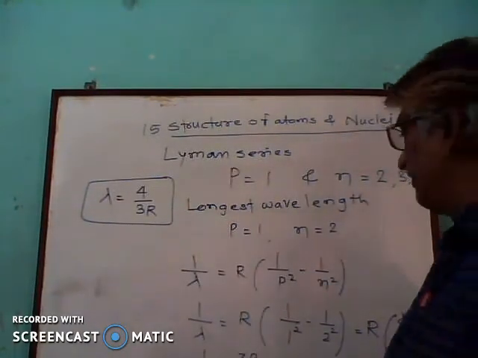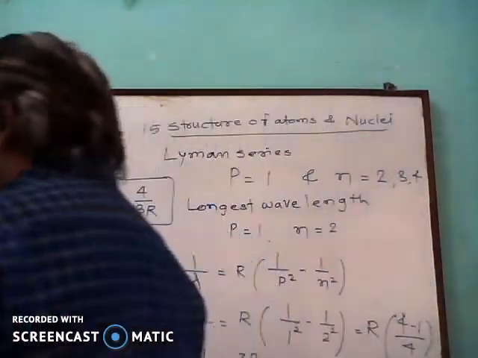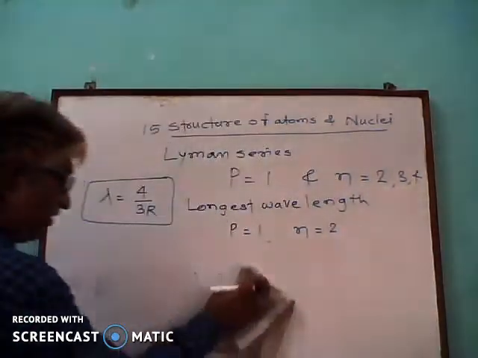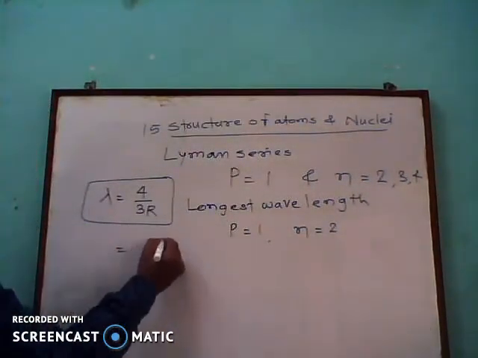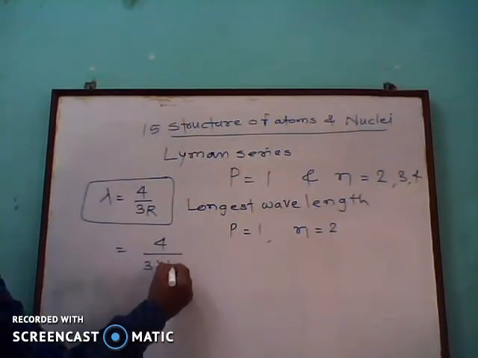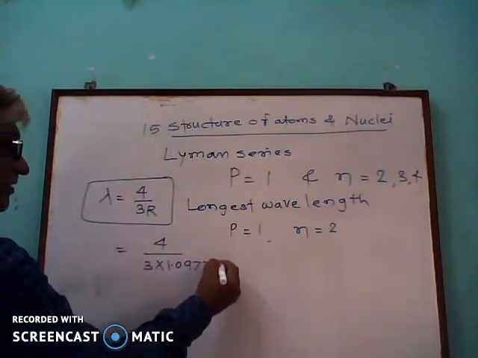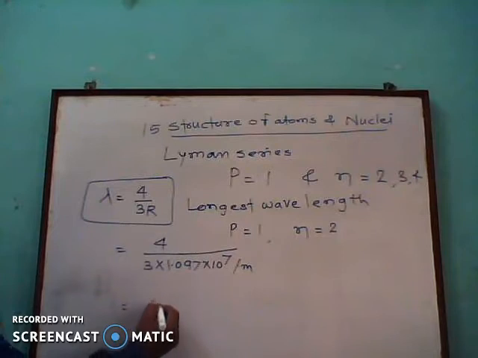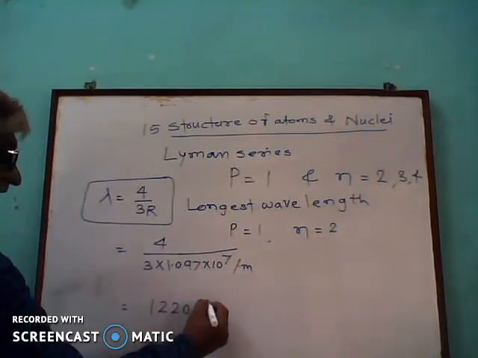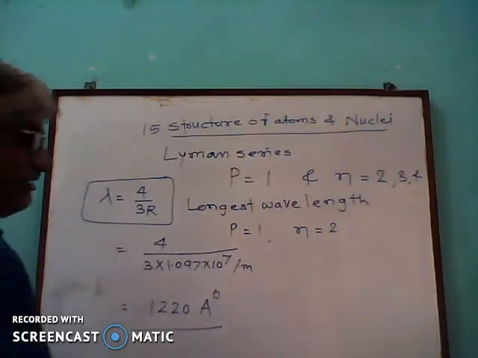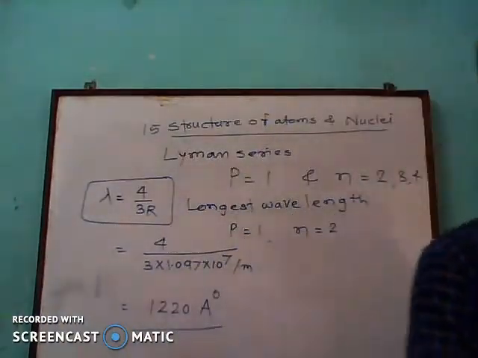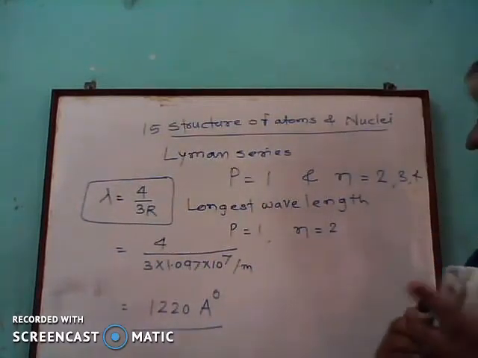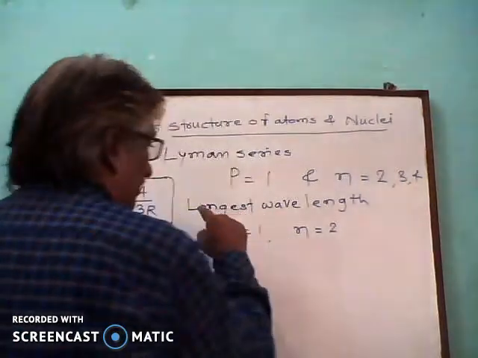By substituting the value of Rydberg constant, that is 1.097 into 10 to the power 7 per meter, your answer will be 1220 angstrom unit, and that wavelength is said to be the wavelength of the first line in the Lyman series.